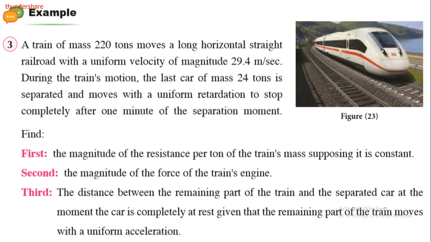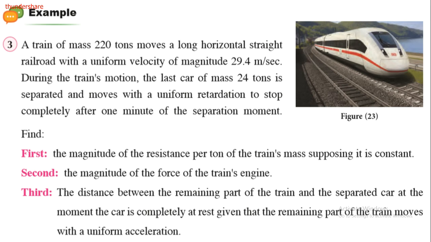Till this statement, it is only Newton's first law. So we can just say that F equals R. The force of the engine of the train equals the resistance of the road. Do you understand? So from the first two statements, we just say that F equals R, where R is the total resistance.